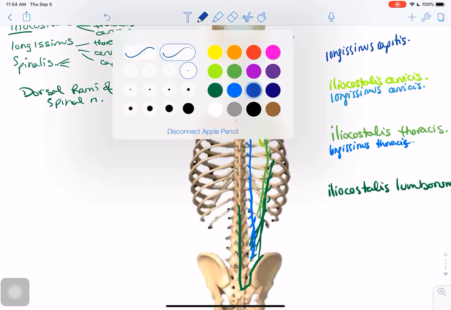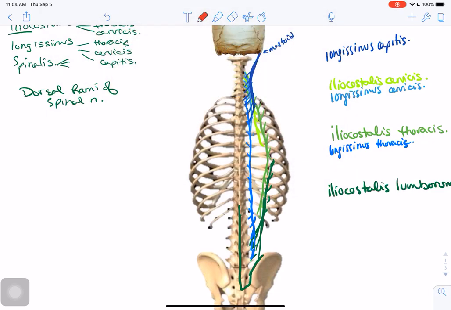The last column of the erector spinae is the spinalis column. Spinalis thoracis will have an origin that again blends with the origins of longissimus thoracis and iliocostalis lumborum. Spinalis thoracis will come off the spinous processes of about T10 to L2 vertebrae, and it will ascend and insert on the spinous processes of about T1 to T8 vertebrae.